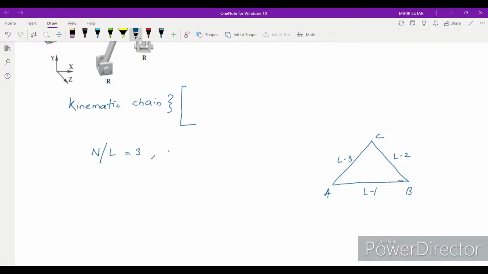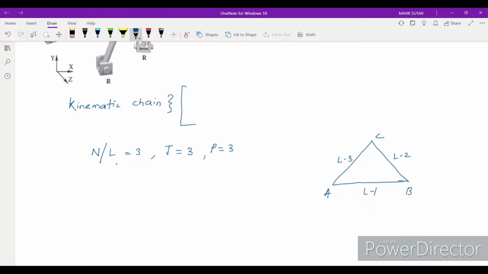Now the number of joints here, singly grouped joints, is also 3, and the same as the number of pairs. Three turning pairs, so L, J and P are all 3 here.